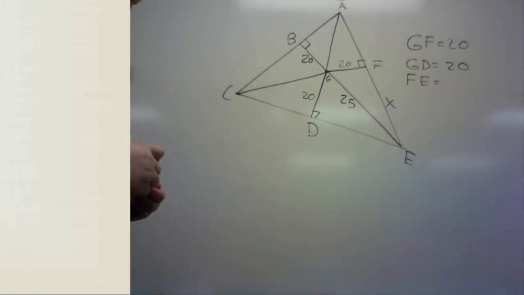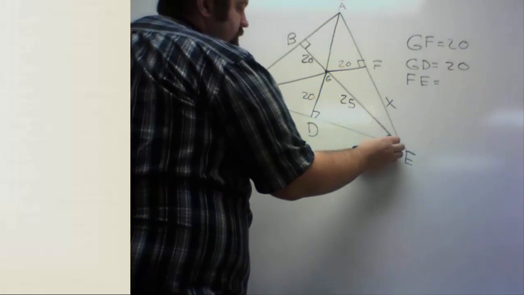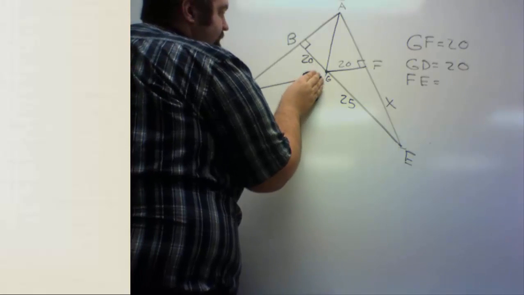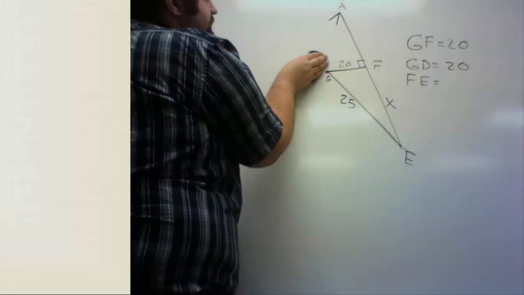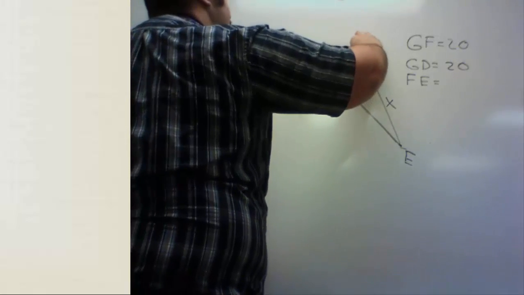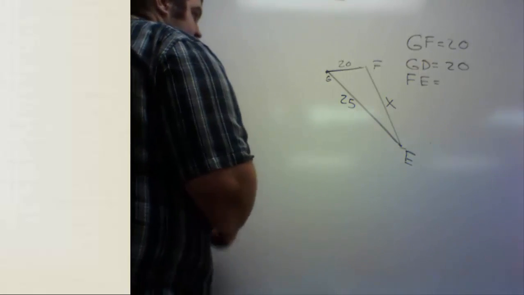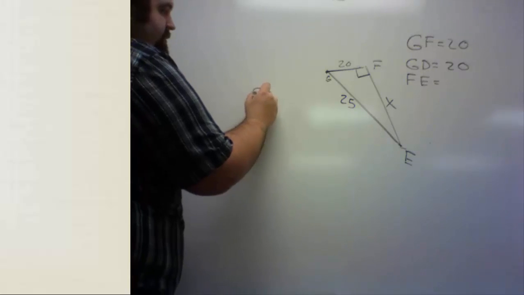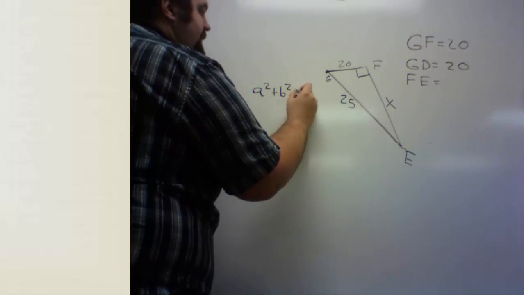And if I think about what I did last time in the video with the circumcenter, if I see a right angle, what I'll probably be doing is looking at just a triangle that contains that right angle. So the rest of this here doesn't even matter for the last length I'm looking for. It's a right triangle, so I'm going to be using a squared plus b squared equals c squared.